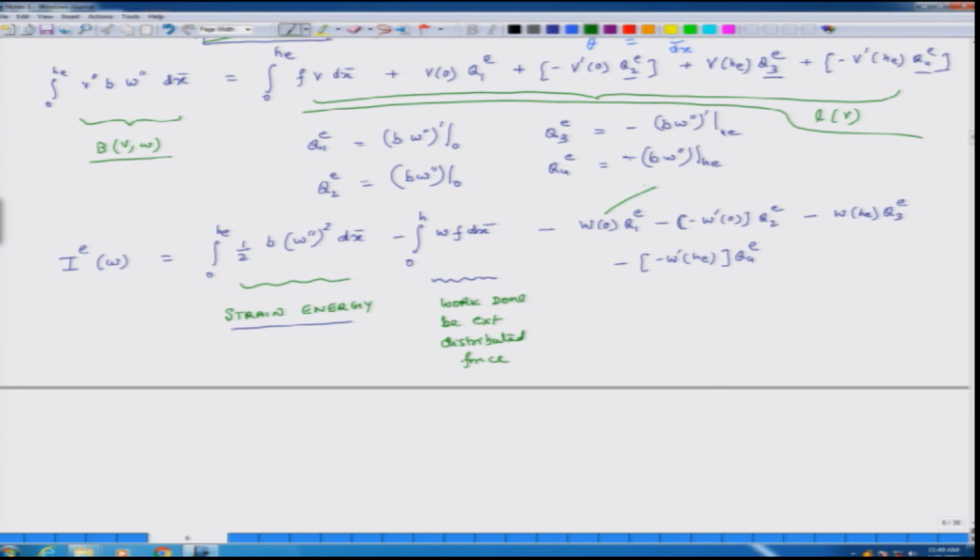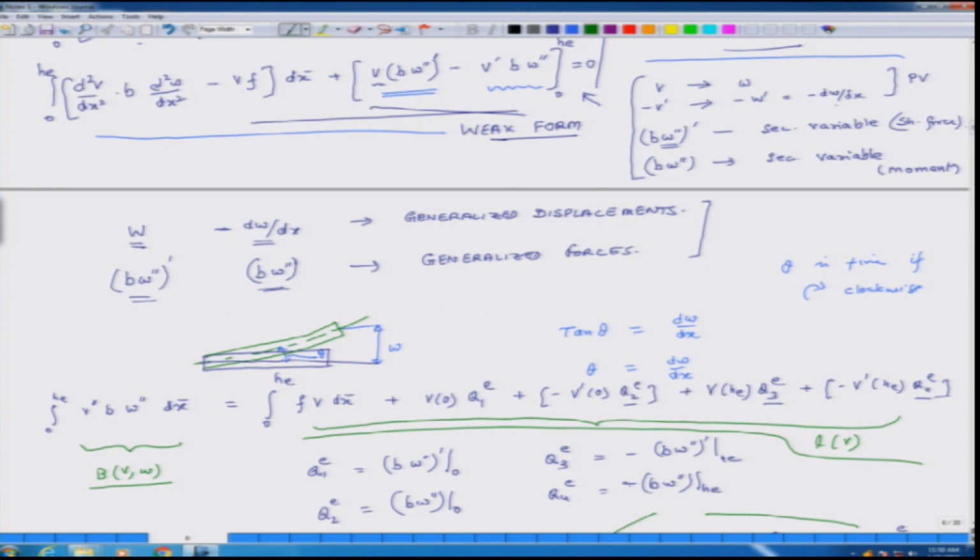These terms which relate to W at 0 and W at HE. What are these? Q1 is the shear force, right. Q1 we had explained earlier, Q1 is the shear force. If you look at the definition of Q1, it is B times third derivative of W, B W prime prime and then the whole thing differentiated.